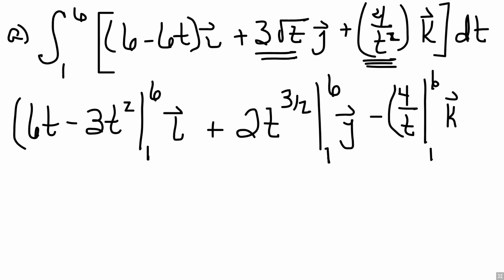So if I take a look at this, I'm going to have 36 minus, what's that going to give me? 108. And then I'm going to subtract 6 minus 3. So I'm going to end up with negative 75 in the i direction.